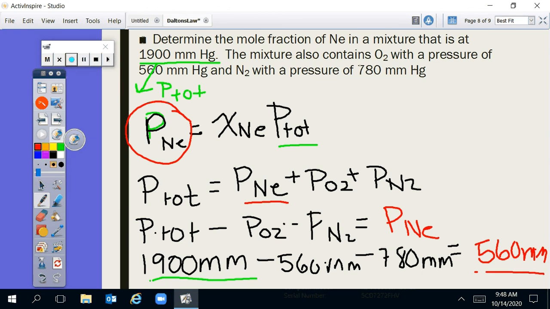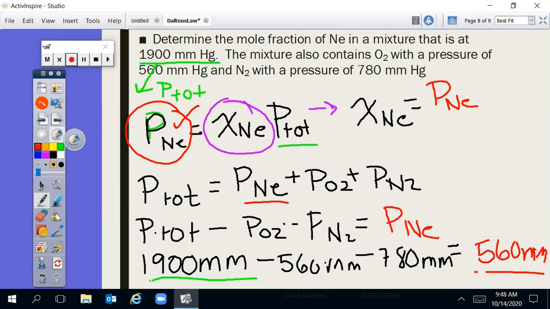Now we've got our partial pressure of neon. We can now solve for our mole fraction. So we reconfigure this equation to solve for mole fraction. The mole fraction of neon is going to equal the partial pressure of neon divided by the total pressure. We can plug in.